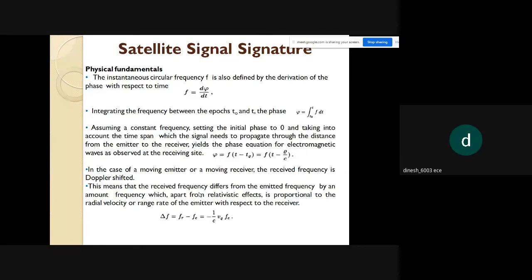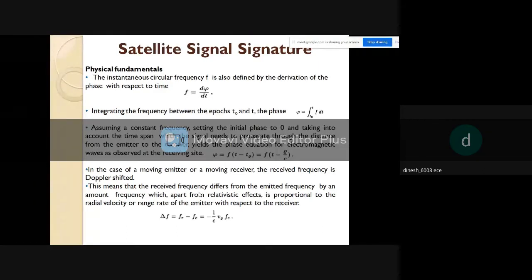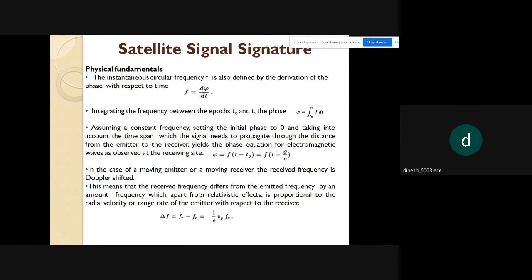In the case where an emitter is moving, that means your source, if a source is moving or a receiver is moving, the received frequency will always be Doppler shifted. This shifting of the source or the receiver plays a major role in determining the relativistic effects.